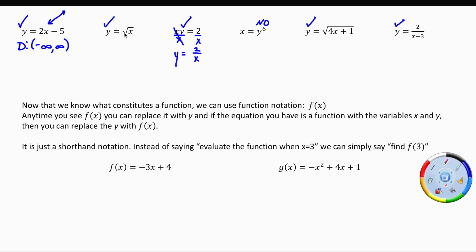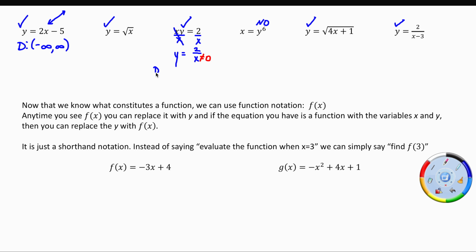What about the ones where I do have an issue with my domain? Let's do the ones with the denominator first. If there's a variable in the denominator, that denominator cannot equal 0. This one only has an x in the denominator, so it means x cannot equal 0. That is my domain.